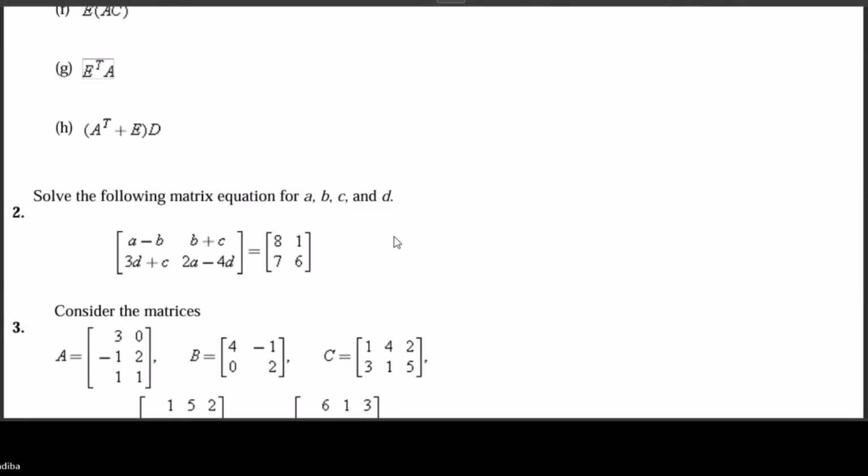A minus B equals 8 is equation 1, B plus C equals 1 is equation 2, 3D plus C equals 7 is equation 3, and 2A minus 4D equals 6 is equation 4.